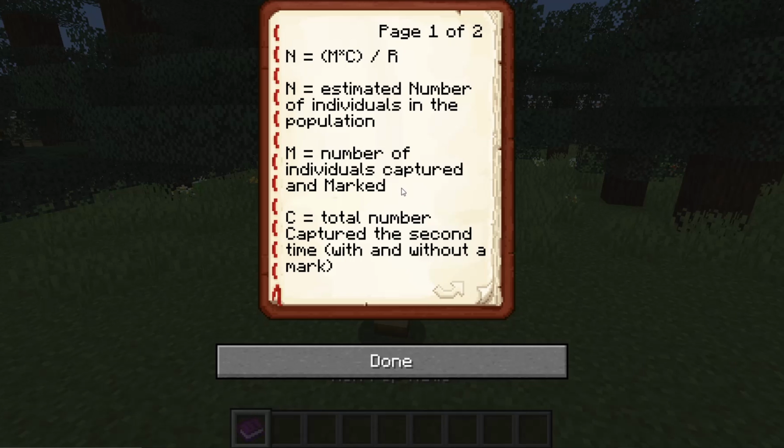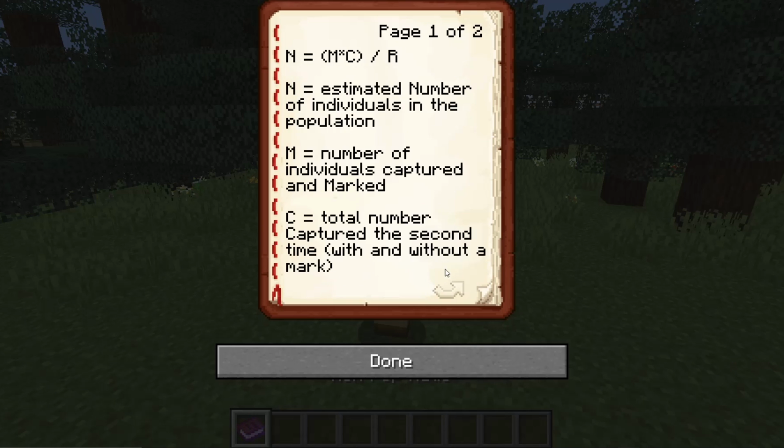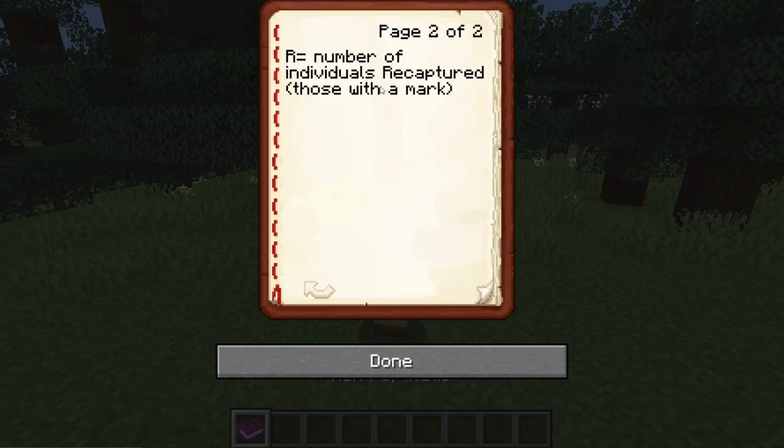After we trap them and mark them, we're going to let them go and let them mix in with the population. Then we're going to make a second trap and capture them again. We take the total number captured the second time, with and without a mark, and see how many individuals have a mark on them.